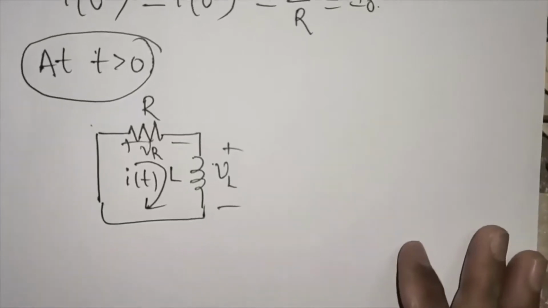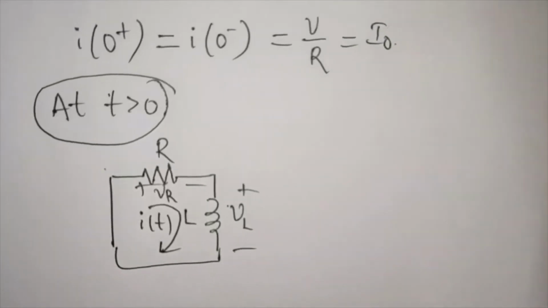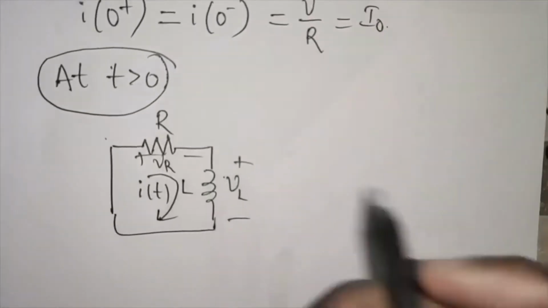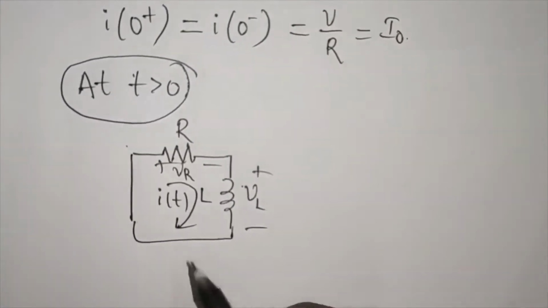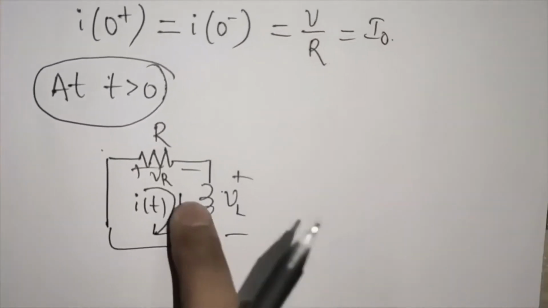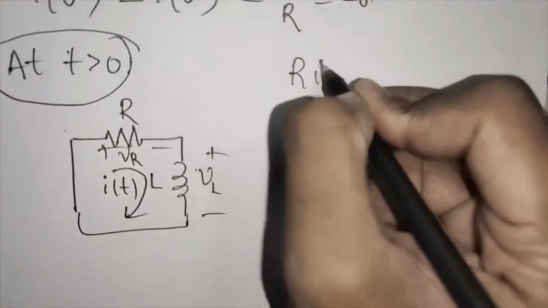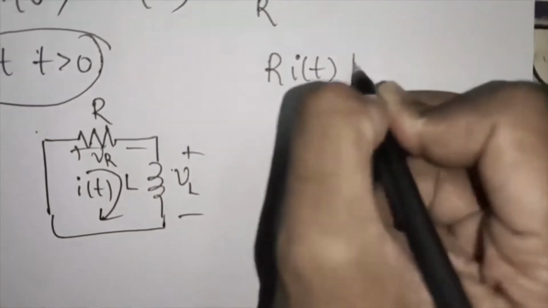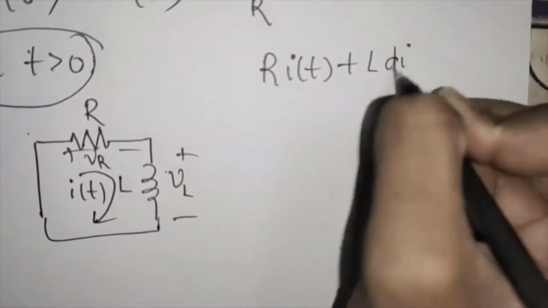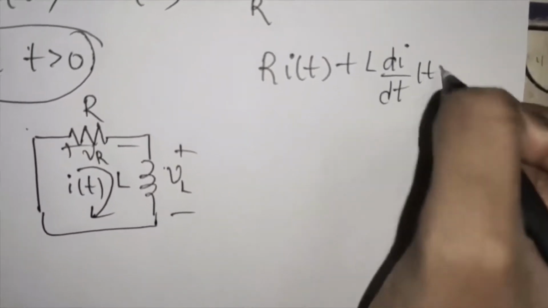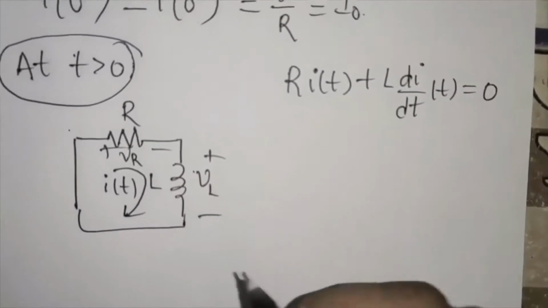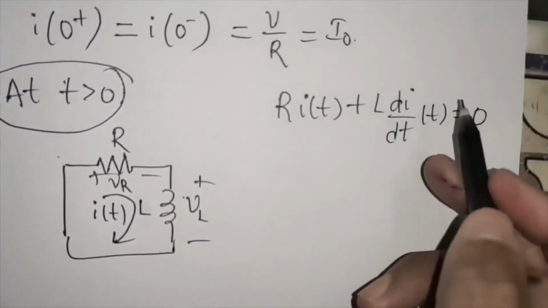Now, in order to get the expression for the complete response, we have to apply KVL to this circuit. When I apply KVL, I get R into I of t plus L into di by dt is equal to 0, since there is no source connected.